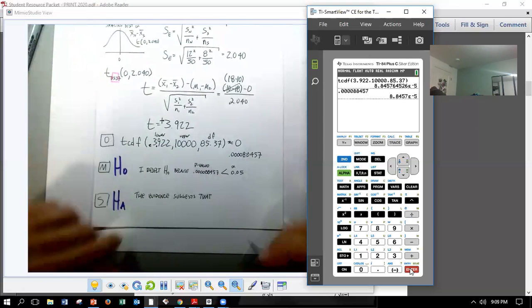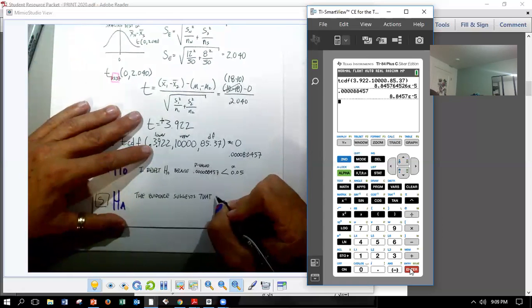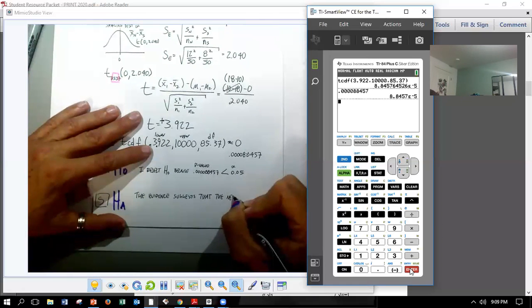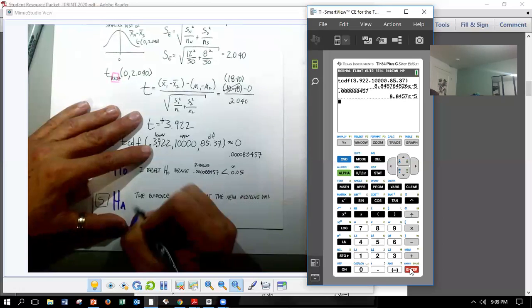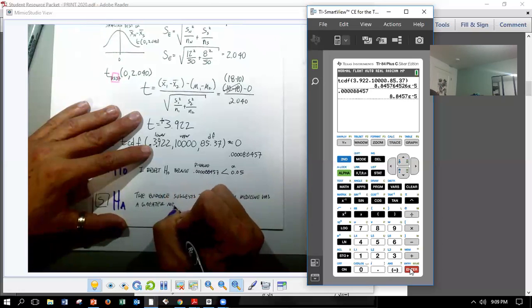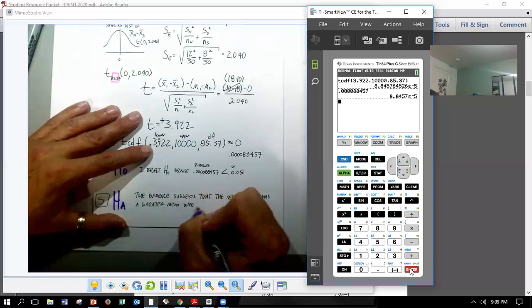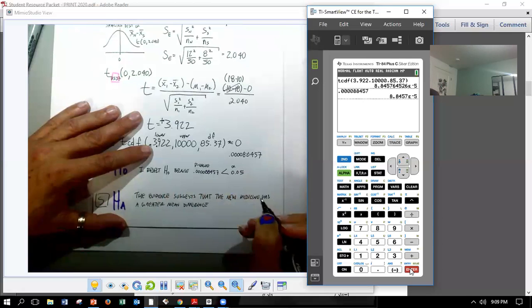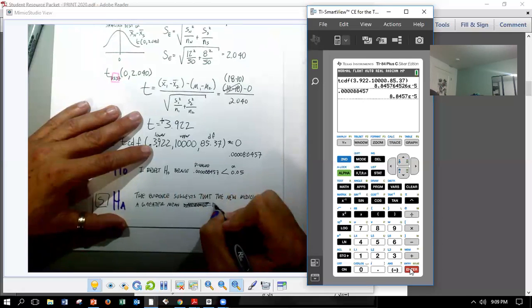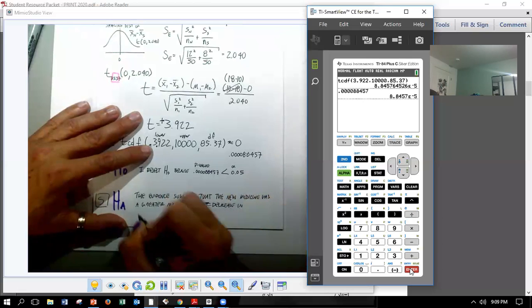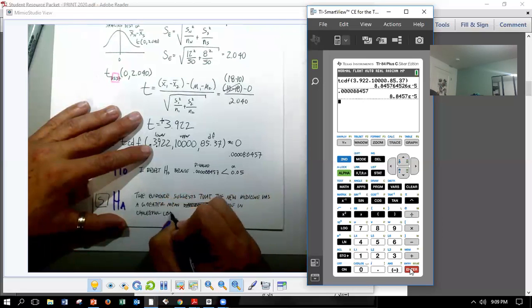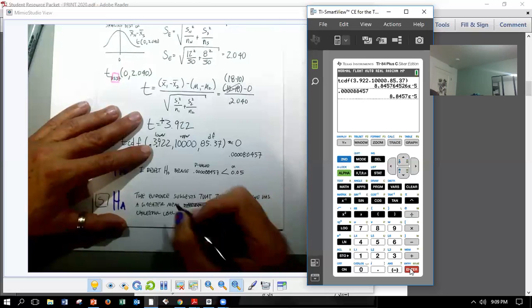So I'm going to say the evidence suggests that the new medicine has a greater mean difference, let's say mean decrease, in cholesterol level than the standard medicine.